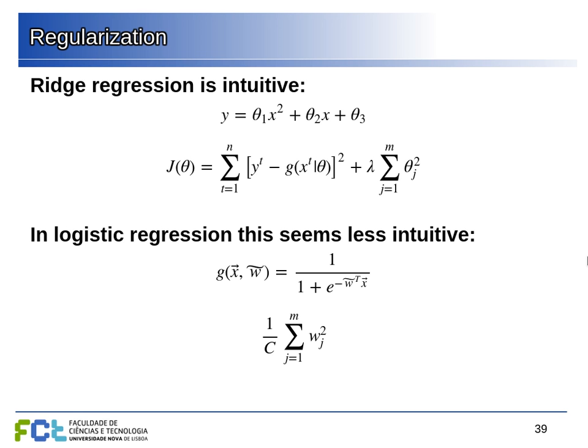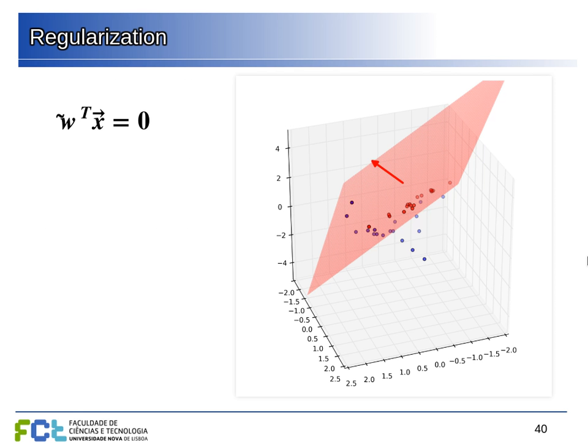If you allow the coefficients to be too large, it can wiggle. So since you're adding a penalty that is a function of the size of the coefficients, it will tend to smoothen the curve. The thing is that with logistic regression, it's not obvious what effect that will be, because the coefficients are those that define the plane, and keeping these coefficients small, we don't see immediately what effect this is having on the classifier. But I'm going to show you why adding this penalty to the cost function can help us here.